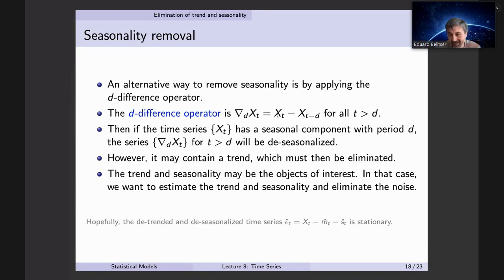That component is here, and that component is here, and they're equal, so when you subtract them from each other, it disappears. So it's very easy to remove the seasonal component by simply applying the difference operator.